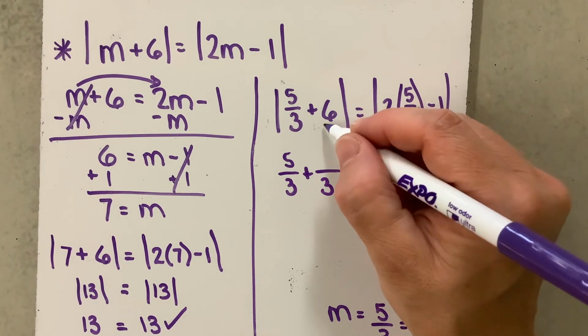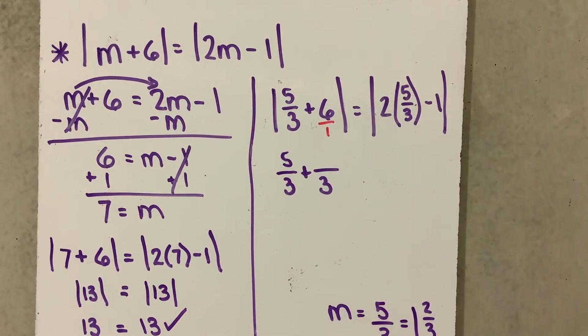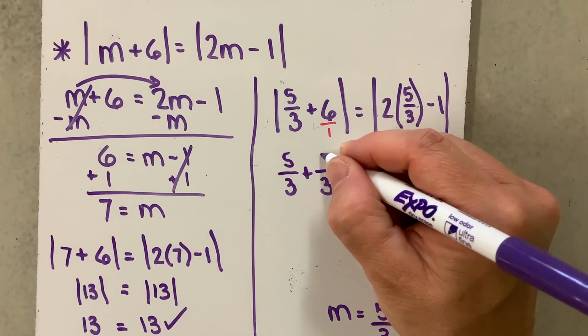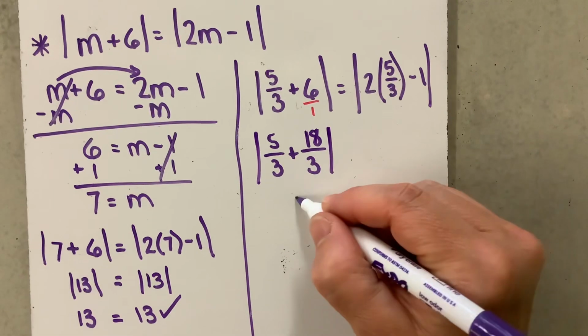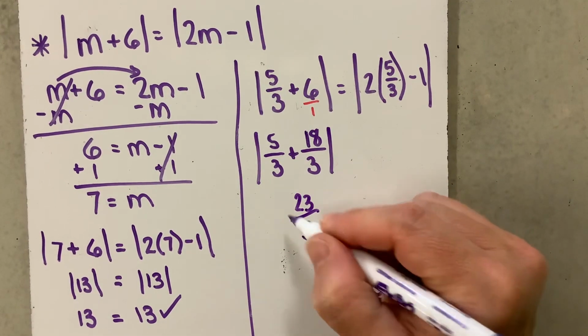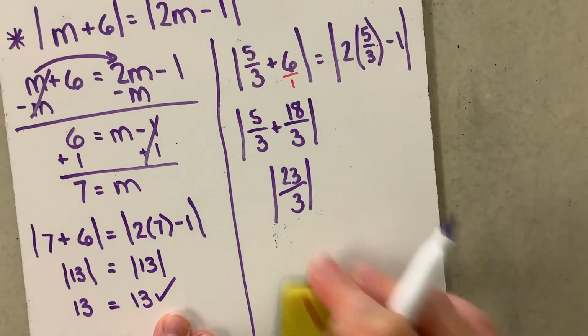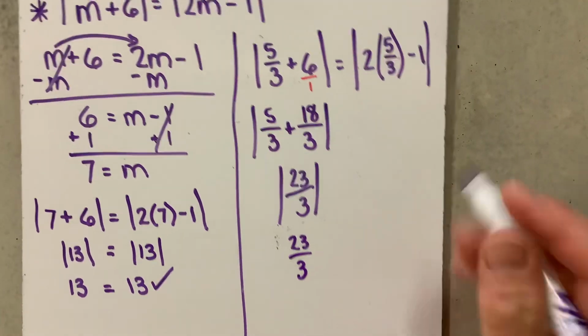So this did have a denominator of 1 if we wanted to look at it that way. So 3 times 1 is 3. So 3 times 6 is 18. 18 plus 5 is 23 over 3. And that is still 23 over 3. I'm going to leave it like that for a moment just to see what happens on the other side.